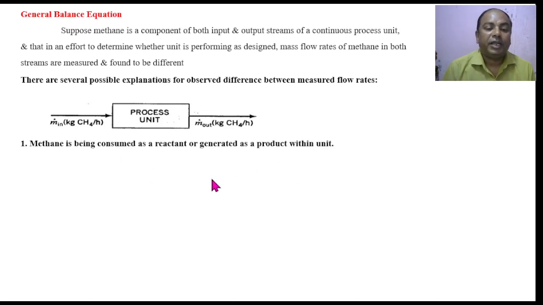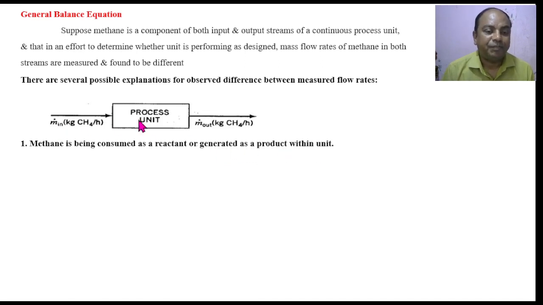Suppose the input of methane is not equal to the output of methane. In such a situation, what could have caused this to happen? The first thing we would like to find out is that the methane may be consumed in the process as a reactant, or it may be generated as a product within the unit.